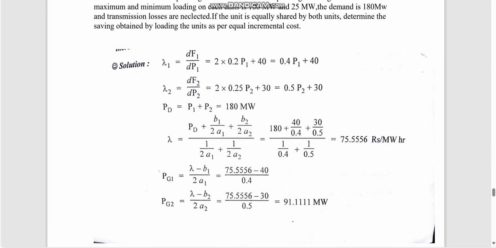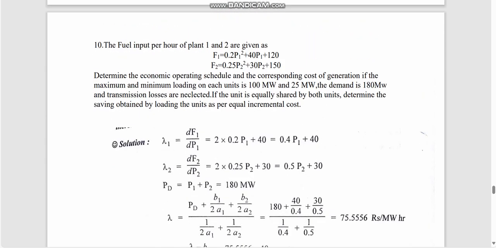Next, the 10th question is an important problem. In the problem, they have given F1 and F2, with minimum and maximum loading. We have to share a load of 180 megawatts. First of all, we have to find lambda 1. Differentiate F1 with respect to Pg1 to get lambda 1, and F2 with respect to Pg2 to get lambda 2.